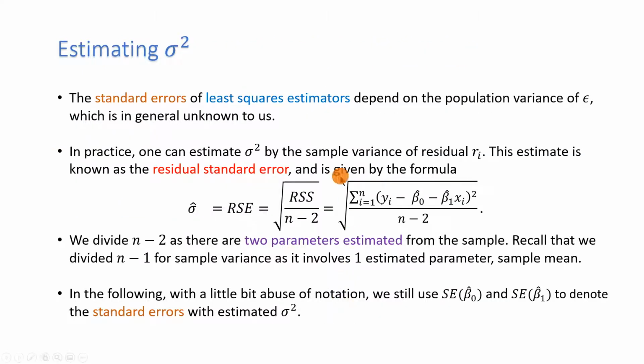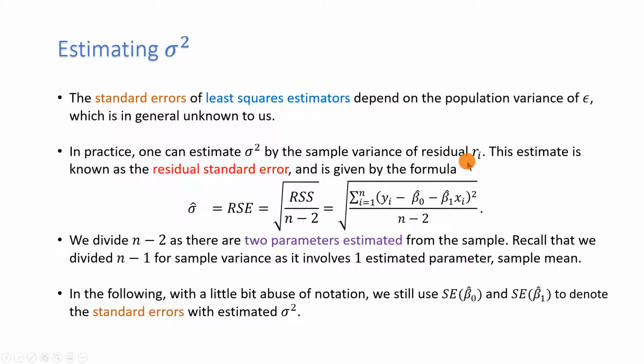And the estimating of sigma square is actually a very standard problem in least square estimators, okay? So in practice, one can estimate the sigma square by the sample variance of your residual Ri, right?